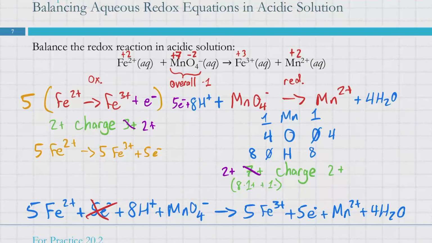And then we can cancel out our electrons. Electrons are the only thing that we've got the same on the left and the right, so that's the only thing we're going to be canceling out.